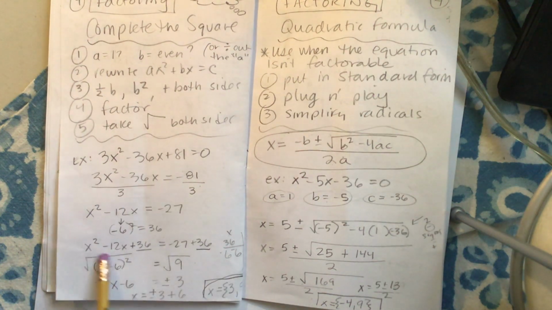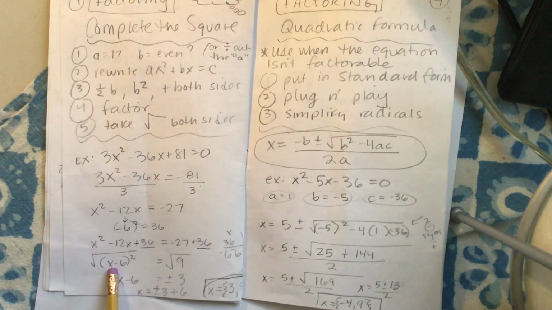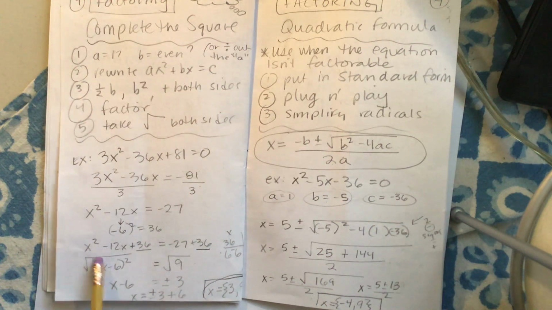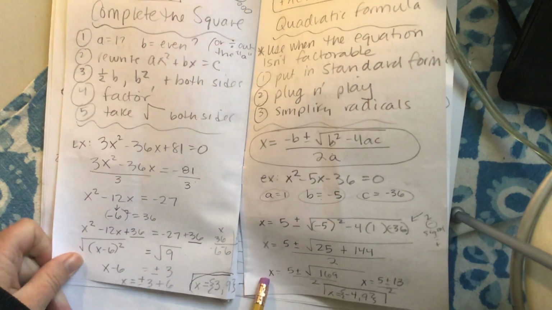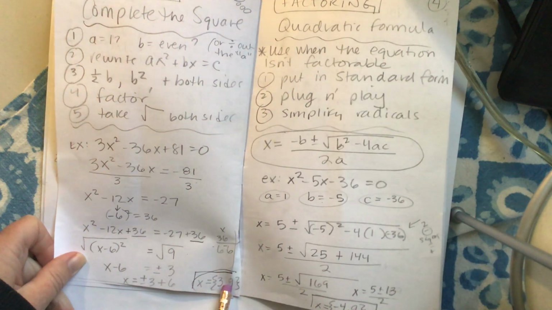And then I found this perfect square trinomial, which I could then easily factor and then take the square root. And same with this. So I had 2 perfect squares, which made it easy. Right, and then I could take the square root of 9, which I know is a positive and negative because I'm solving, not just simplifying. And I end up with 3 and 9. Okay.